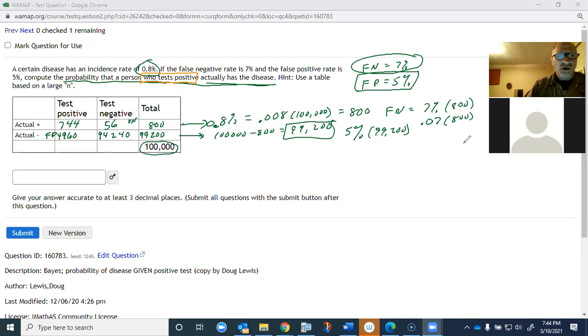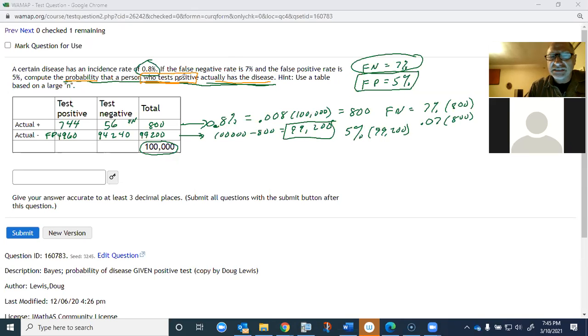Okay, so the key to this problem is to determine what the condition is. And if you read this, it's asking you to find the probability that a person who tests positive actually has the disease. So we're narrowing it down to the groups. You're only going to be looking at the people who test positive already.